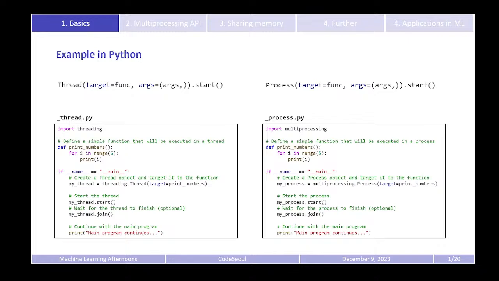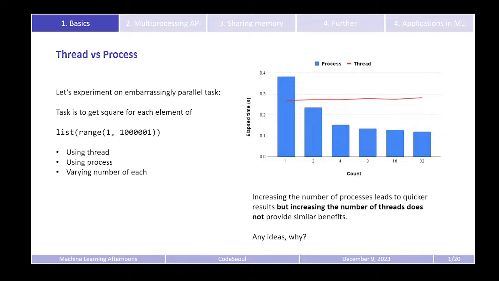How about making a small experiment and seeing, if we increase the number of threads and the number of processes, how much they affect, which one is better, getting more threads or more processes. I'm talking about Python, so this content is only Python based, not related to any other language, so please keep in mind.